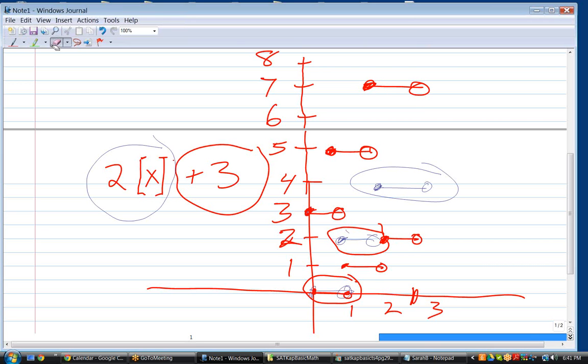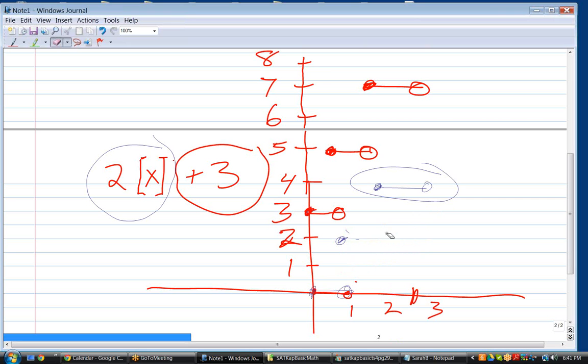Let me erase everything else, and now let's check. If x were 1/2, we should be at 3, and we are. If x were 1.5, we should be at 5, and we are, and same thing if x is between 2 and 3. So, interesting.